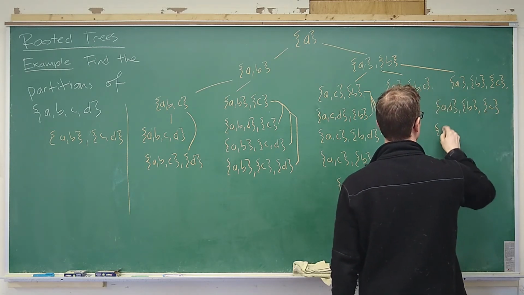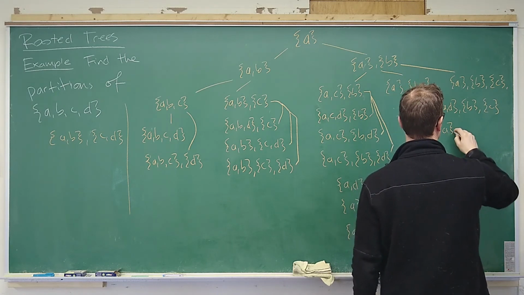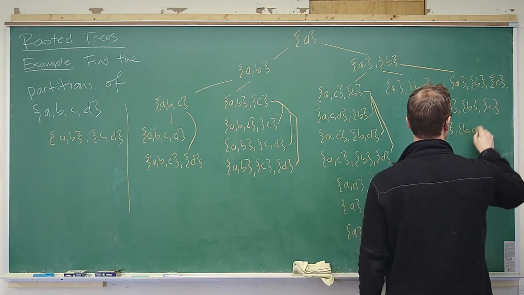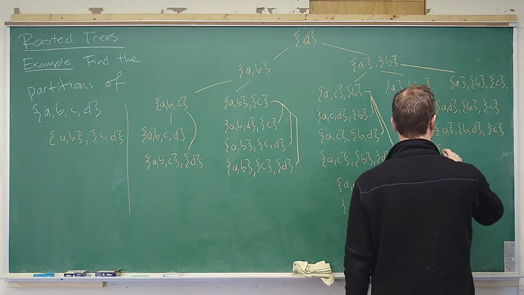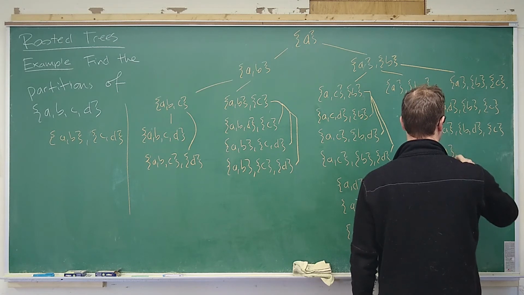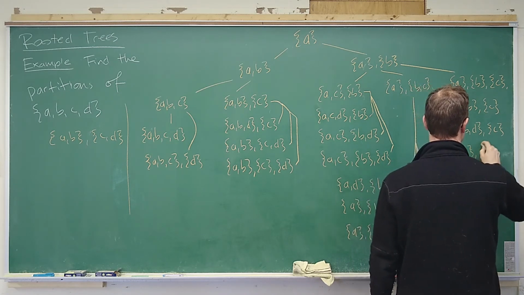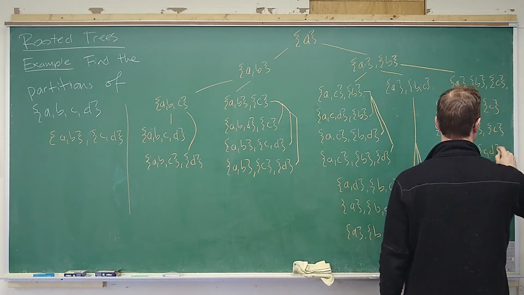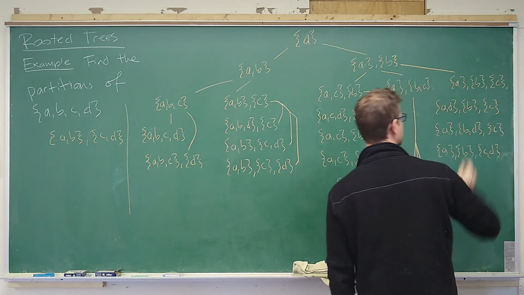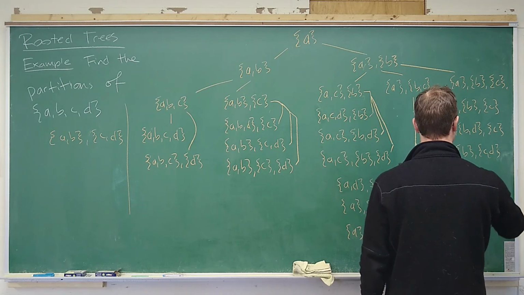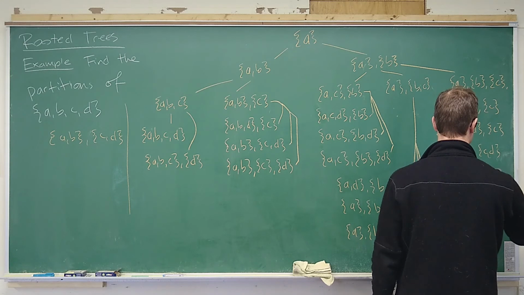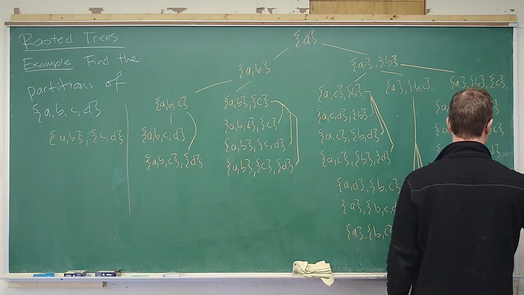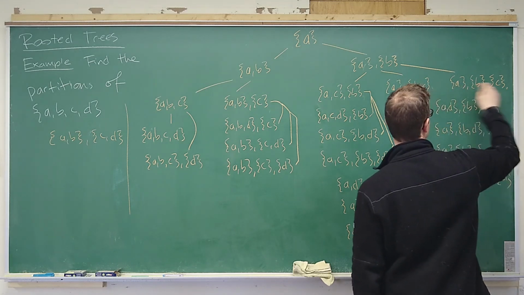I've got {A, B, D} and {C}, {A}, {B, C, D}, and finally adding D on its own, {A}, {B}, {C}, and {D}. So this set gives me four.